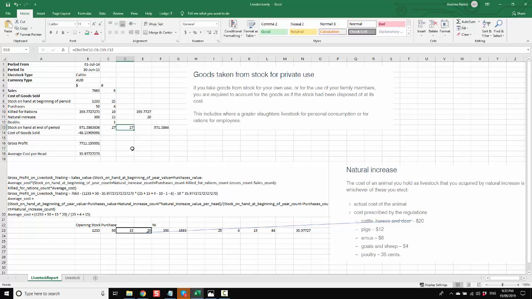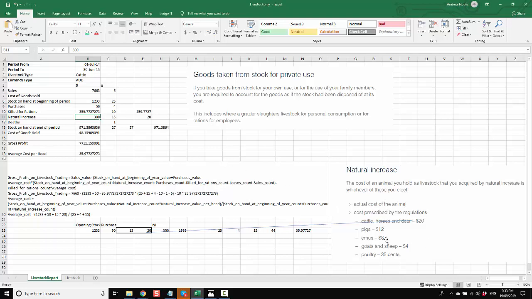We understand that. So what's our natural increase? Natural increase, the cost of an animal you hold as livestock that you acquired by natural increase is whichever of these you elect: actual cost of the animal or cost prescribed by the regulations.